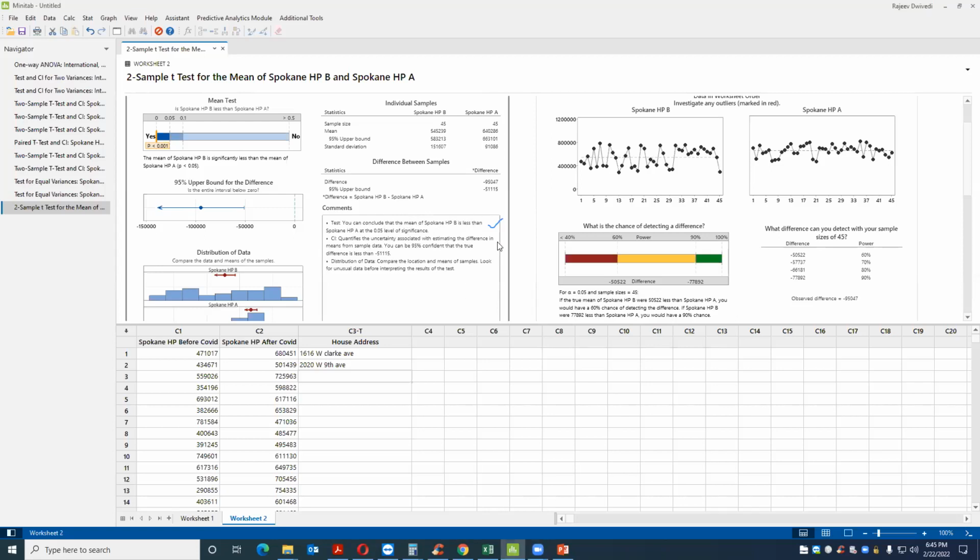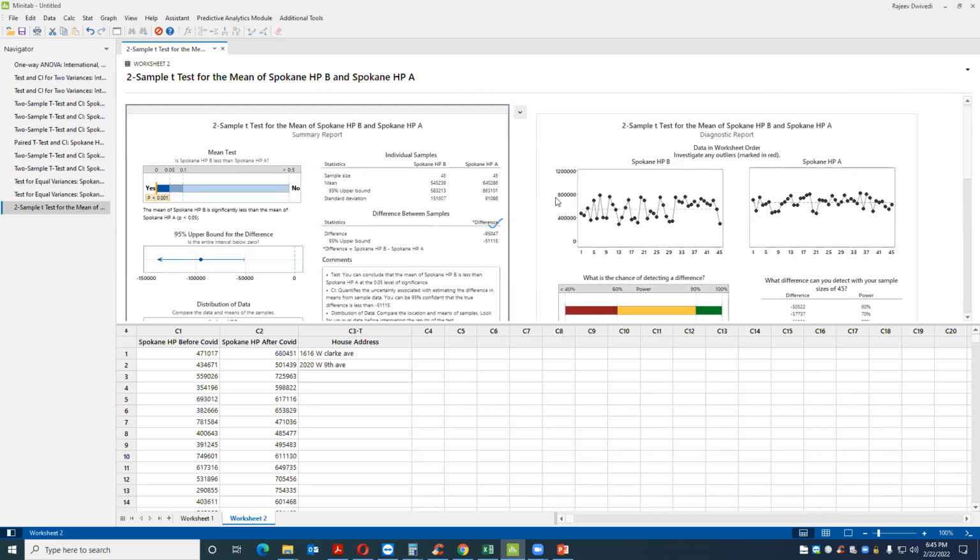So basically you don't need to even look at the p-value and all. The conclusion is right here. So this is another option. You can go in and see all other options under Assistant. So this is my explanation about hypothesis testing.